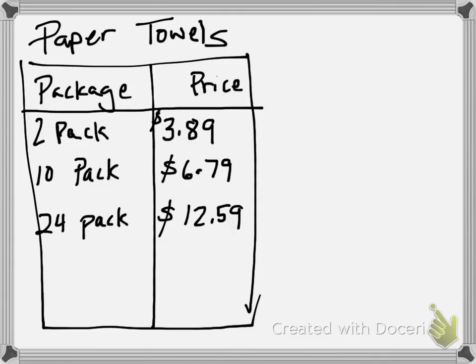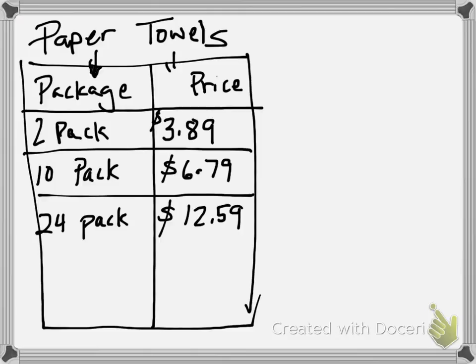Unit rates can be really helpful for figuring out which thing is the best buy. So here's an imaginary price list for paper towels. And on the left side here I have the package, and on the right side here I have the price. So I've made up that a 2-pack costs $3.89, a 10-pack costs $6.79, and a 24-pack costs $12.59.